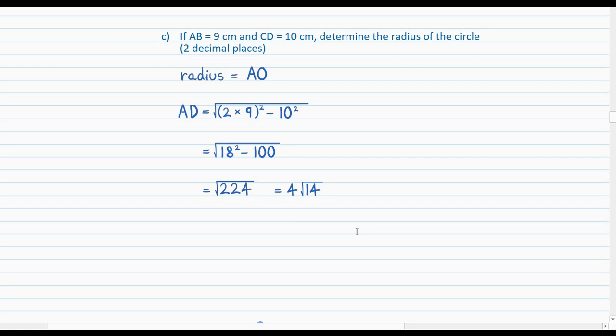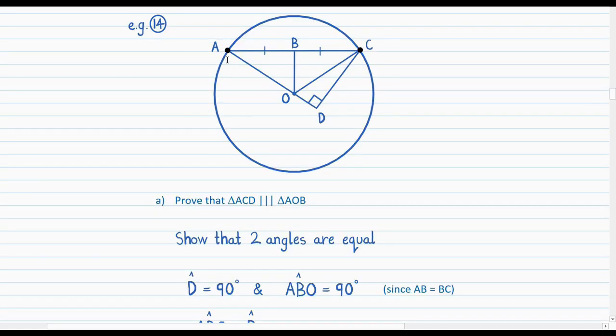Cool. So we have the length of side AD now, meaning this side. So all in all, we have the length of this side, this side, this side, and this side. And we can draw upon the fact that triangles AOB and ACD are similar, so we can use their proportionality to determine the length of radius AO, since it's one of the sides of triangle AOB. And I'll directly use the ratio from part B of the question, which was AO over AB is equal to AC over AD.